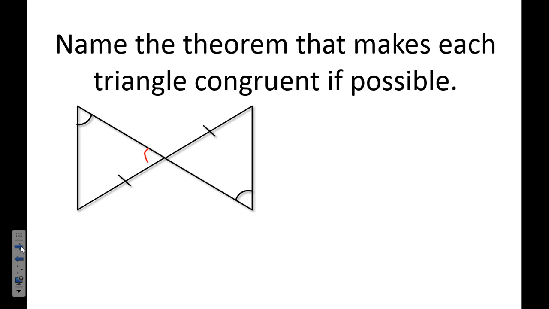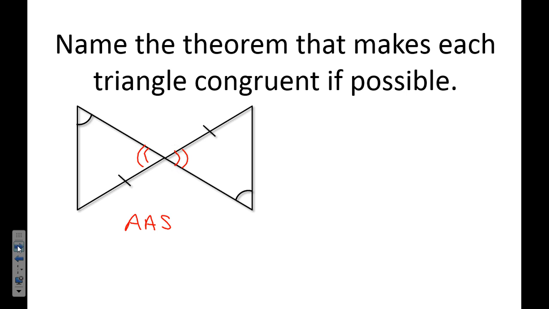Vertical angles. So now, is this angle, angle, side or angle, side, angle? Why is it angle, angle, side? Two angles and a non-included side. We had to skip over this side to get to the other one. Okay? Two angles and the non-included side.